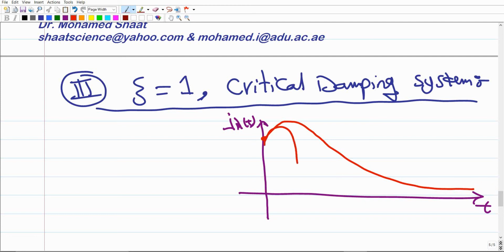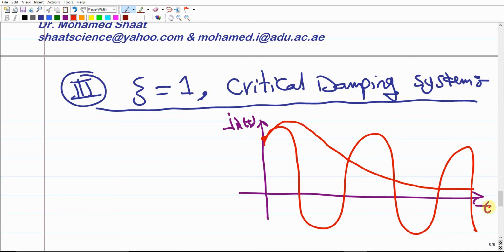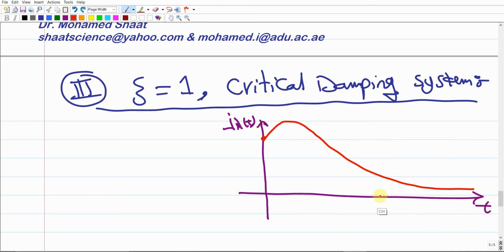It means there is no wavy behavior, right? If the amplitude is decreasing in waves, this is underdamping. Here, there is no wave behavior of the current. The current will increase, then decrease, and it is not going to move to the negative, as we used to have in the previous cases. This is the critical damping case, in case that we do have xi equals 1.